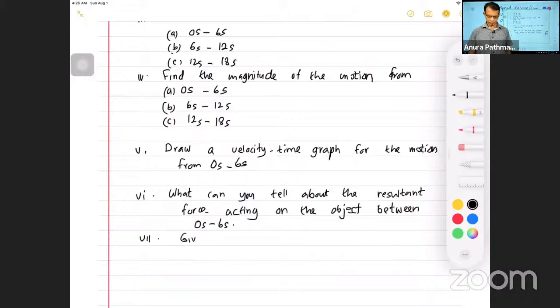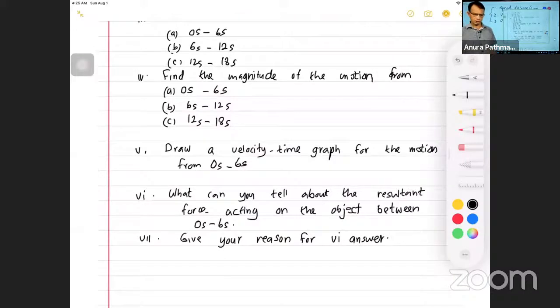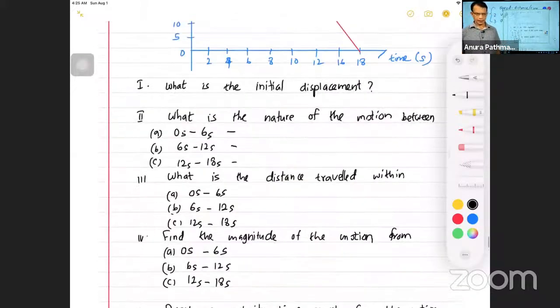Give your reason. Give your reason for the sixth answer.